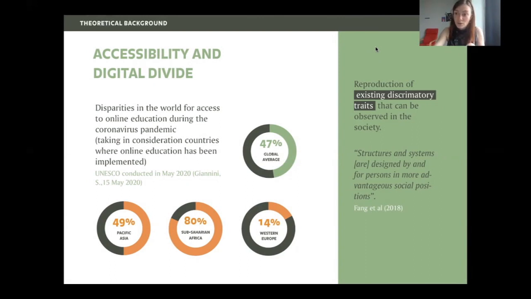But if you look at certain areas of the world, you can see that, for example, in Western Europe it's 14% of students who didn't have access to online education, where it's 8% in sub-Saharan Africa.